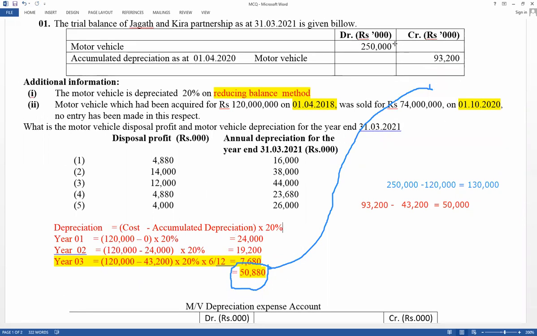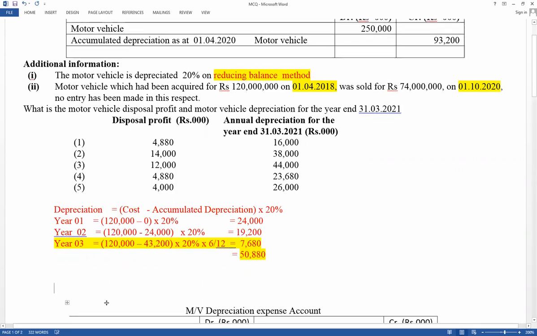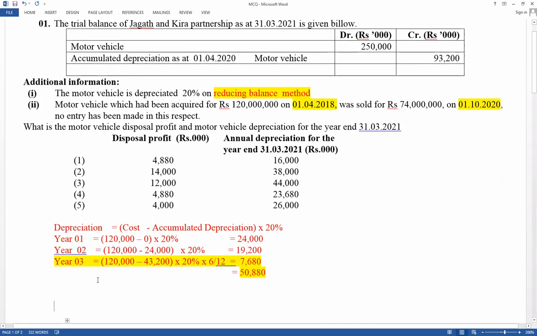Cost minus accumulated depreciation into percentage. Therefore, think how to calculate annual depreciation. Very important. Therefore, here try to calculate annual depreciation now.